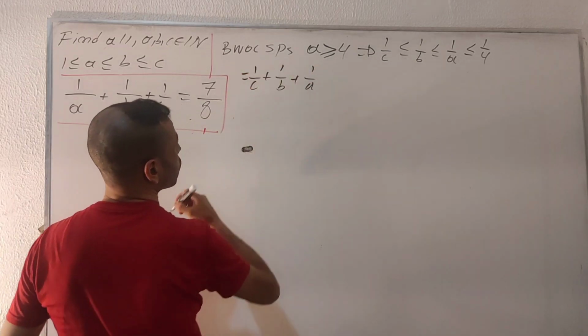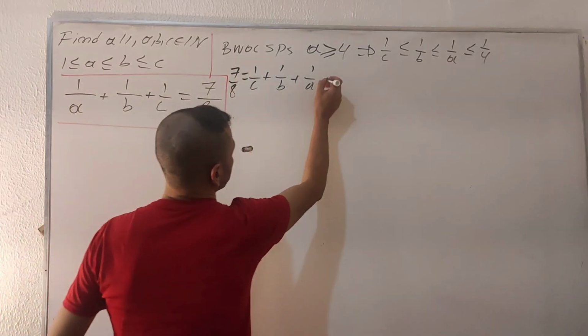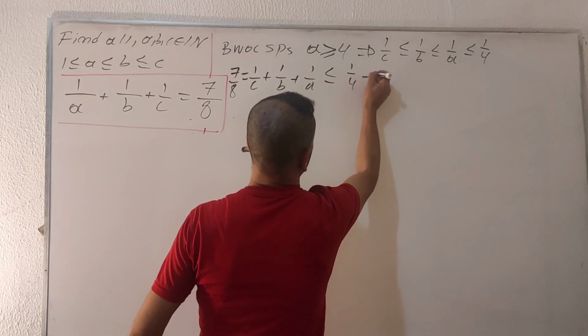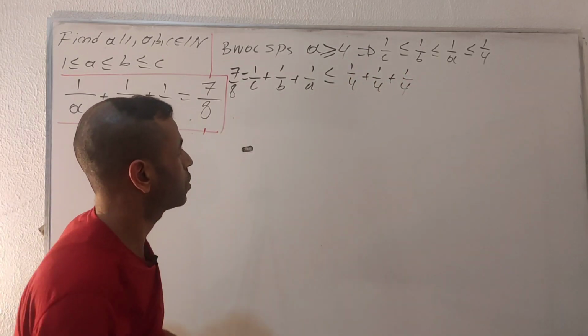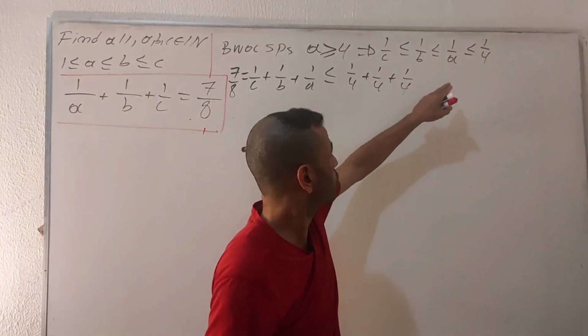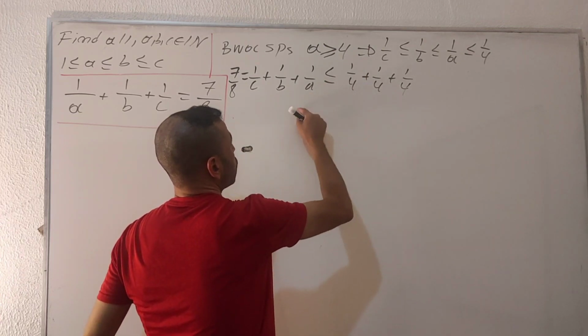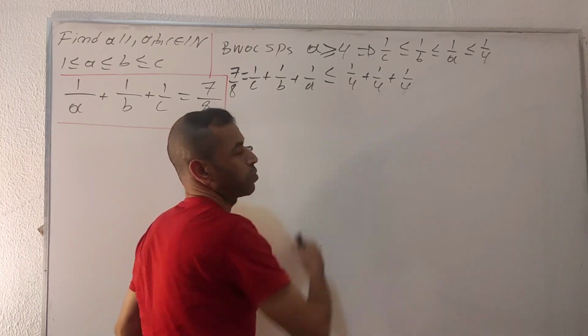The sum of this one, we already have 7 over 8. If I sum them here, I get at most 1 over 4 plus 1 over 4 plus 1 over 4, since 1 over A is bigger than the others. The maximum 1 over A can take is 1 over 4, which means all other terms must be inferior or equal to 1 over 4.